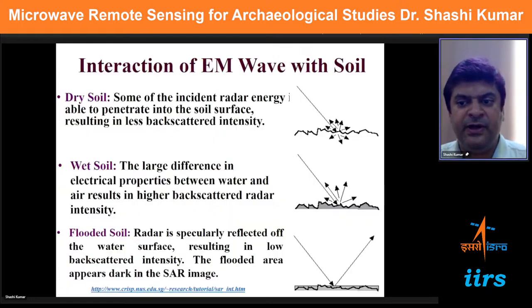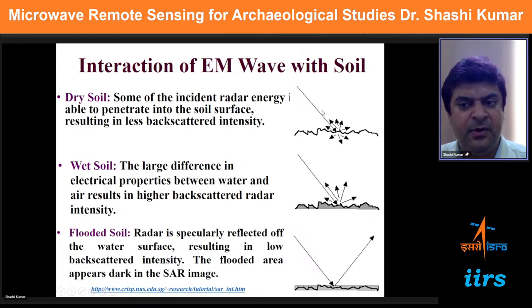Now, when we do mapping with the help of SAR or ground penetrating radar systems, we should always keep in mind what this slide shows. When the soil is dry, the transmitted electromagnetic wave has more penetration.